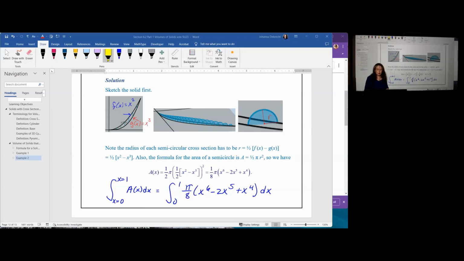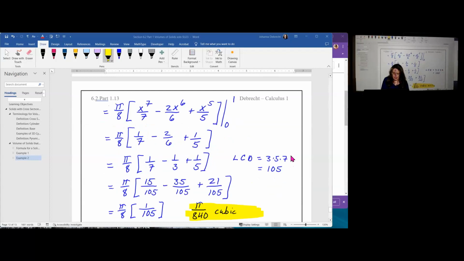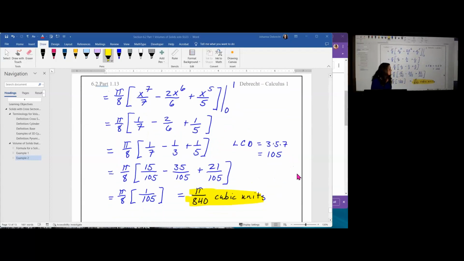Let's take a look at the work and see what it looks like. In this case, we can apply the power rule for integrals, and then we can substitute the limits of integration. Because the lower limit of integration is 0, every term has x in it. I know those will zero out, so I don't need to write them.